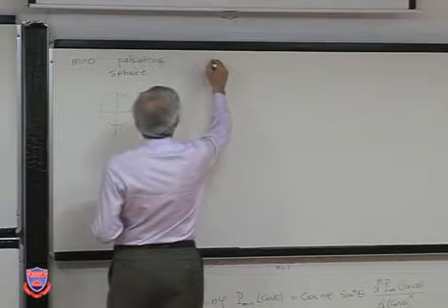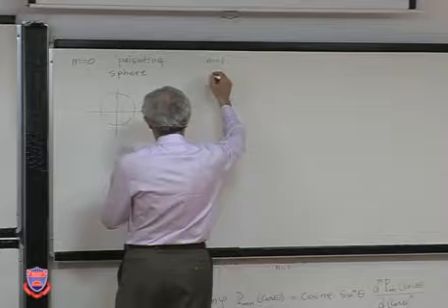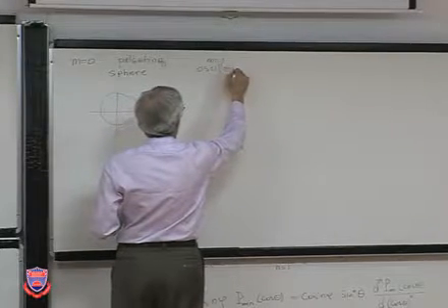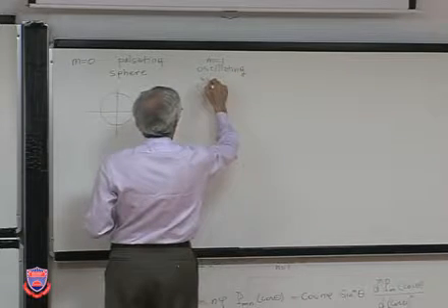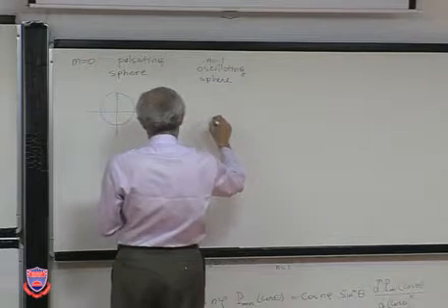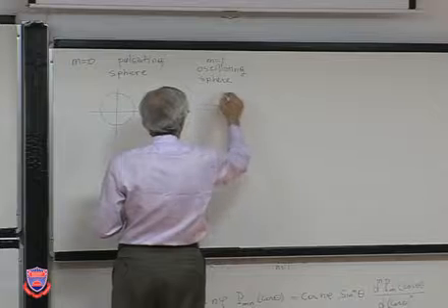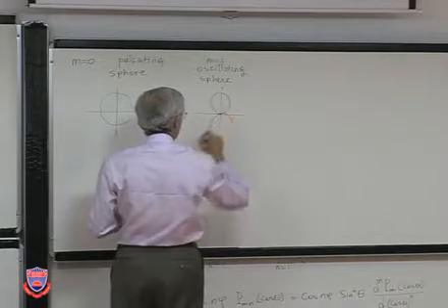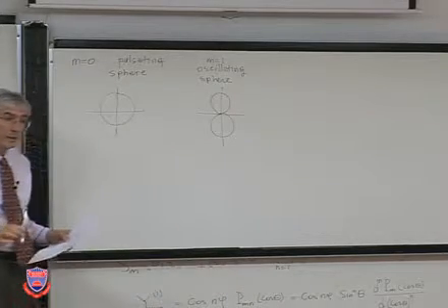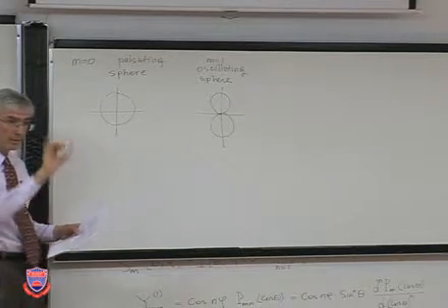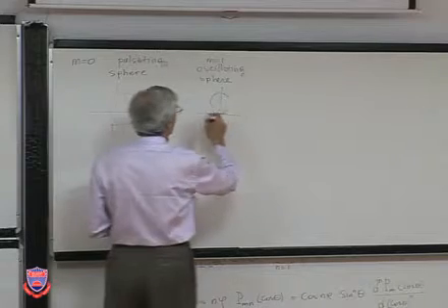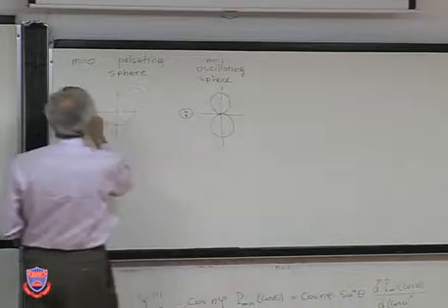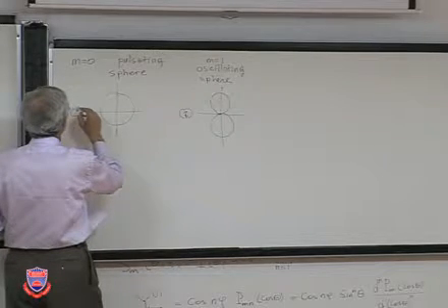When m is equal to 1, we have an oscillating sphere. And the directivity is like that. This is the directivity of pressure as it's moving up and down.